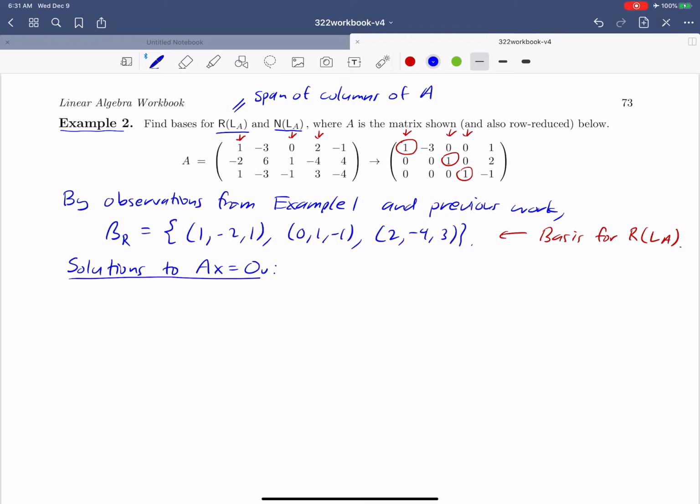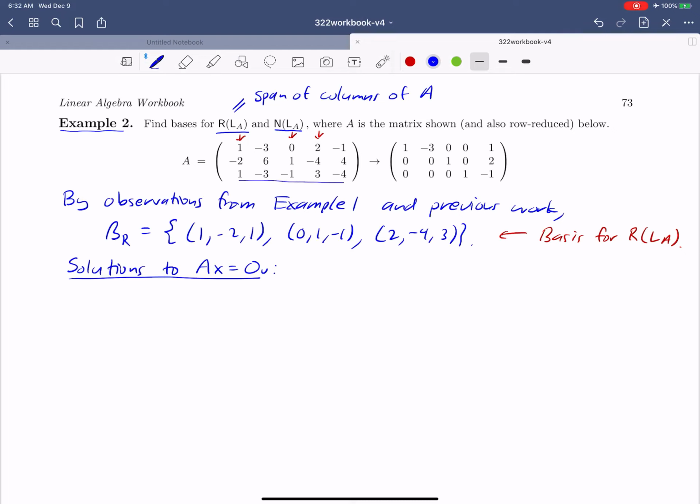We want to solve a system of equations where our coefficient matrix is A and our right-hand side is 0. So we would do the same row reduction that we did above, and we would append a right-hand side that looks like 0, 0, 0.